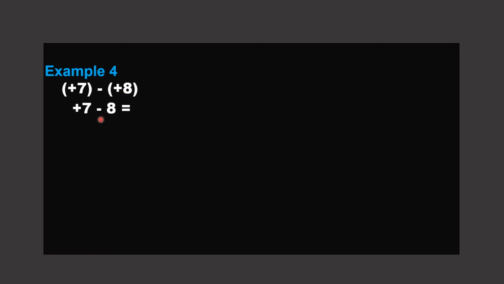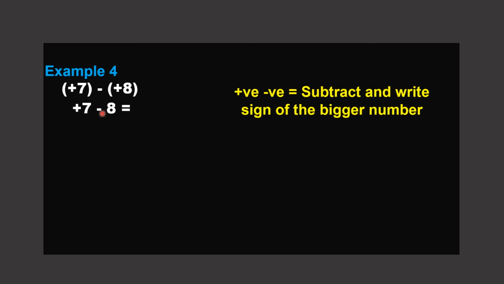So it will be plus 7 and since it is plus 8 in the question, we will be writing minus 8. This is a positive and negative integer, right? So we will be subtracting and writing the sign of the bigger number. Subtract 8 and 7 will give you 1, and the bigger number here is 8, and 8 is having a minus. So you will be writing minus in the answer. So plus 7 and minus 8 will give you minus 1.